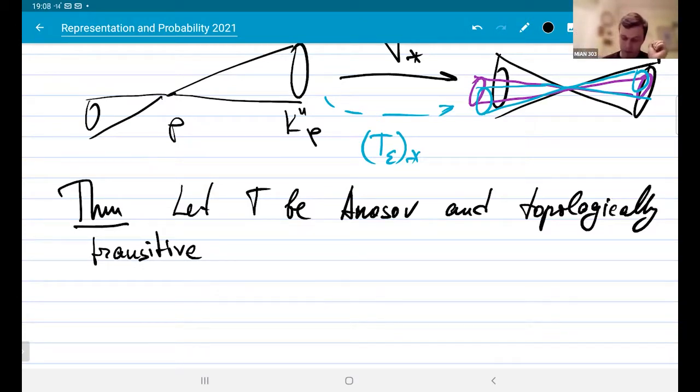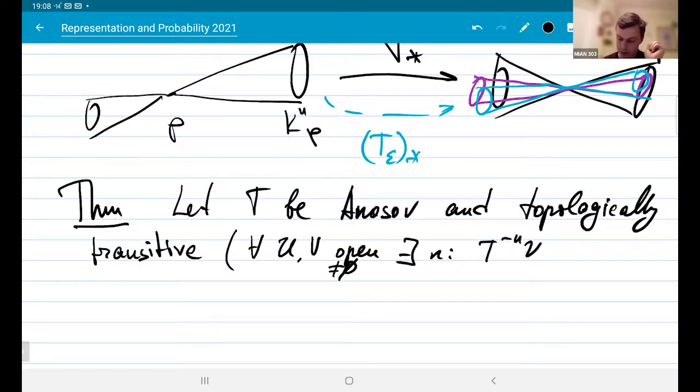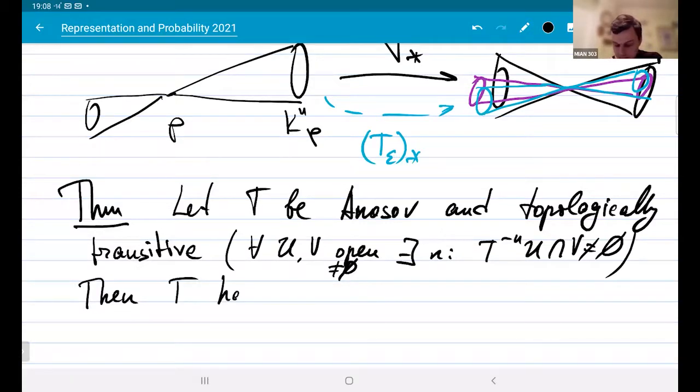So for any U and V open non-empty, there exists some N such that you can go from U to V, and from V to U, by some iterations of T. Then T has Markov coding, exactly as above, in this topological sense.